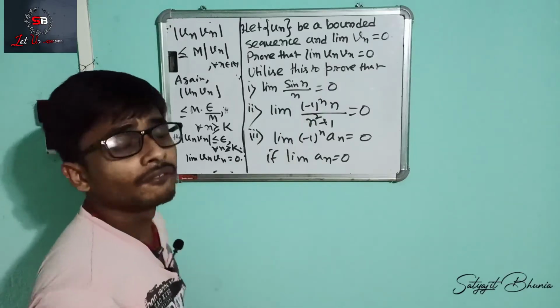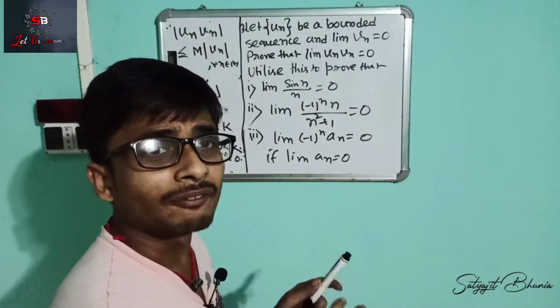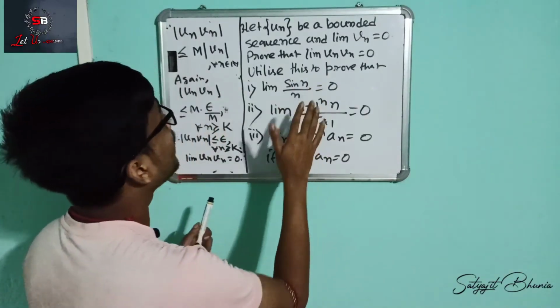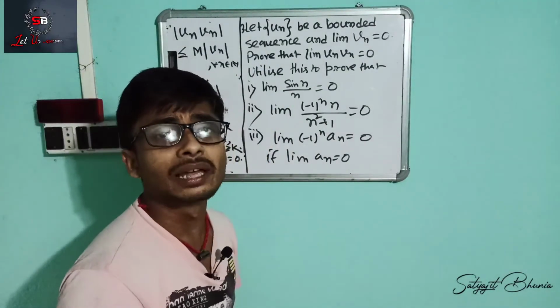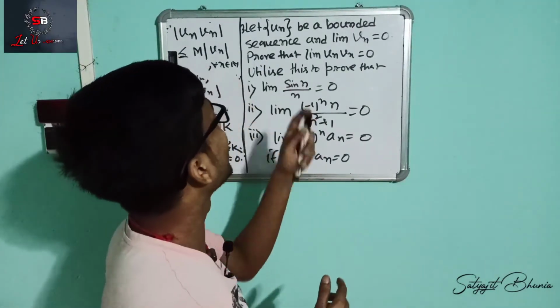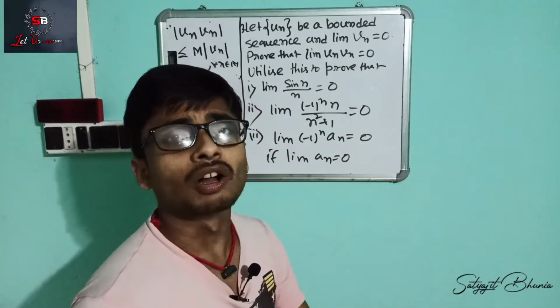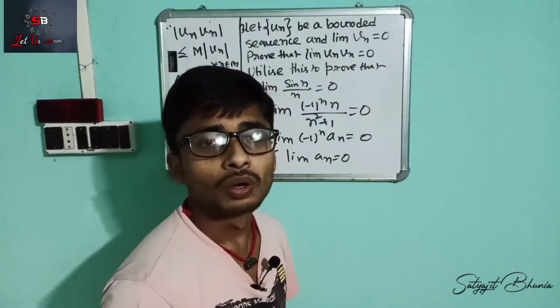That is the proof. Okay, we have proved that limit un vn is equal to 0 whenever un is a bounded sequence and vn is a sequence converging to 0.